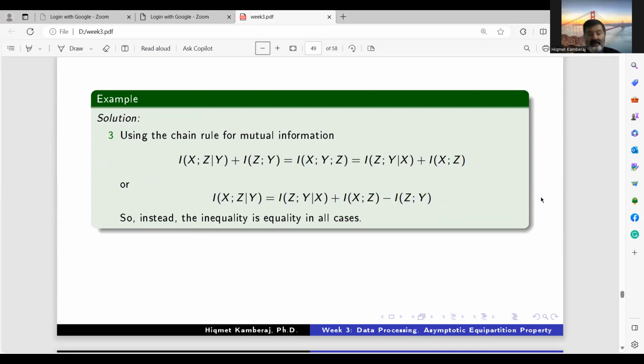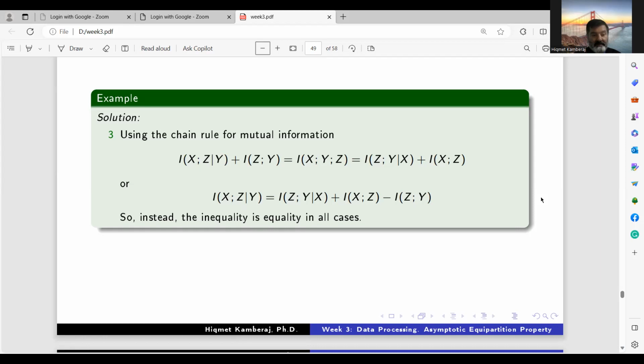Or you could rearrange, then you get mutual information between x and z given y is equal to mutual information between z and y given x, plus mutual information between x and z minus mutual information between z and y. So indeed, it's not an inequality, but it is equality in all cases.